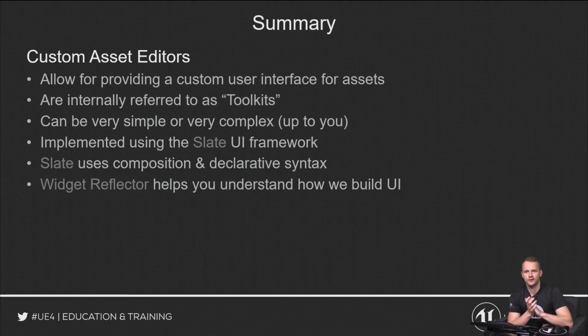They're all implemented in the Slate user interface framework. I've shown you how to do that. And again, if you want to learn more about how existing asset editors are implemented, use our widget reflector to dive into that code and learn more about how that works.